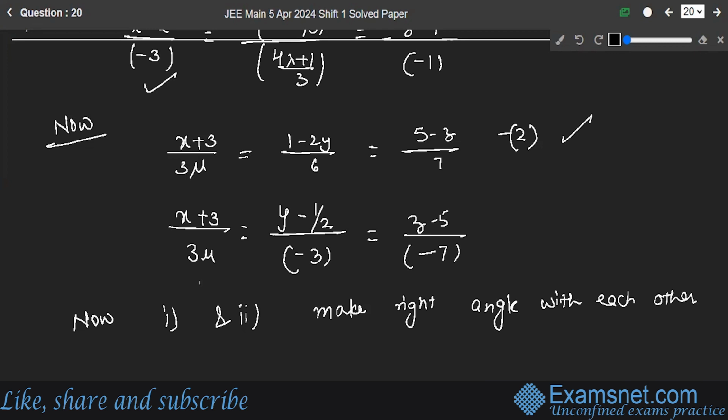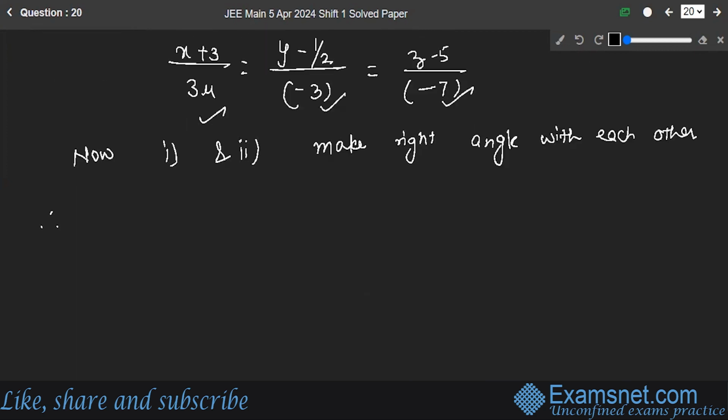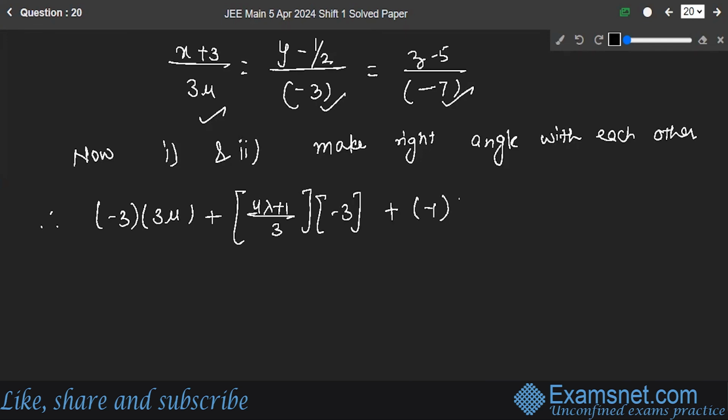That means minus 3 into this plus this into this plus this into this is equal to 0. Therefore, minus 3 into 3 mu, 4 lambda plus 1 and 3 into minus 3, minus 1 minus 7 is equal to 0.